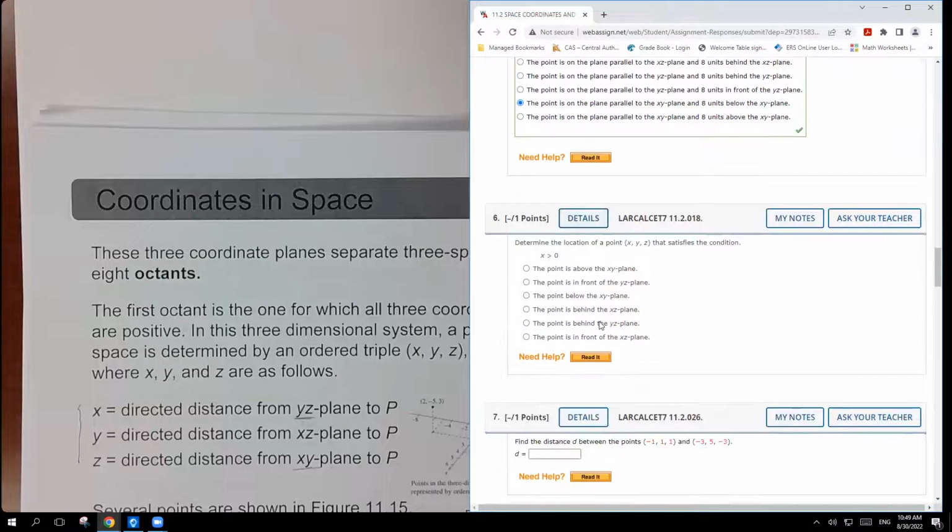Okay. Next one. Determine the location of the point X, Y, Z that satisfies the condition. They say X greater than 0. That means which coordinate is the X coordinate? So the point is going to be parallel to which plane? They give you X positive, X greater than 0.